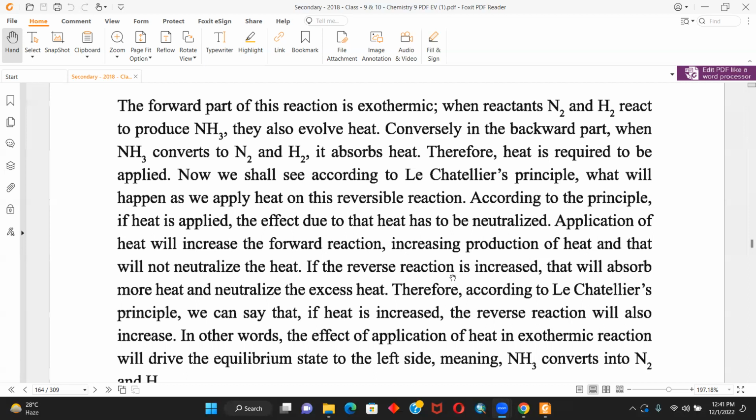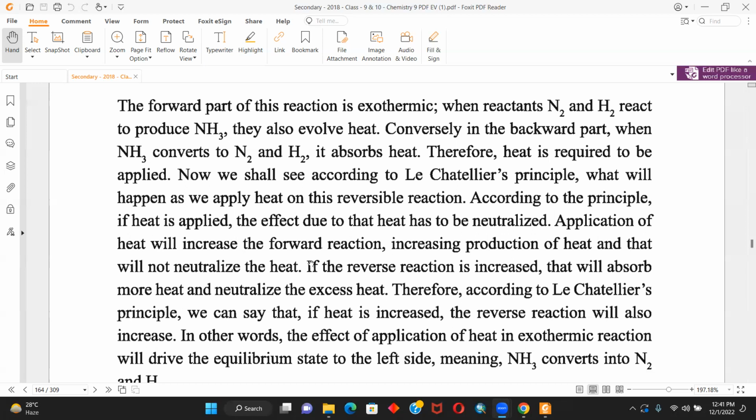Whenever we are applying heat, if we increase the forward reaction, then that will not neutralize the heat. That means we are adding heat and then more heat is being added, which is not logical. It does not work.